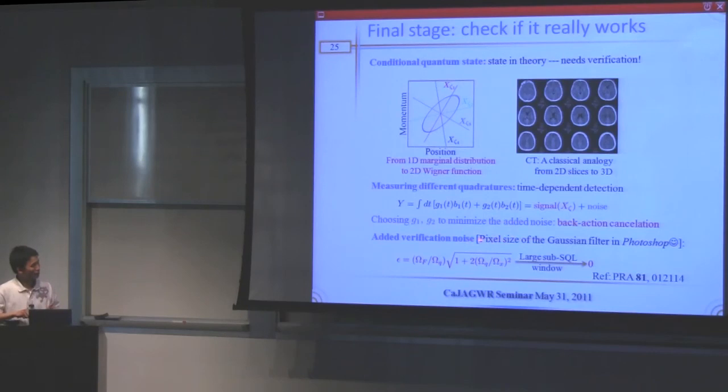So here the pixel size depends on the ratio between omega f over omega q and omega q over omega x. Again, if you have a large sub-SQL window, this pixel size becomes very small, which means that you almost recover the true quantum state.